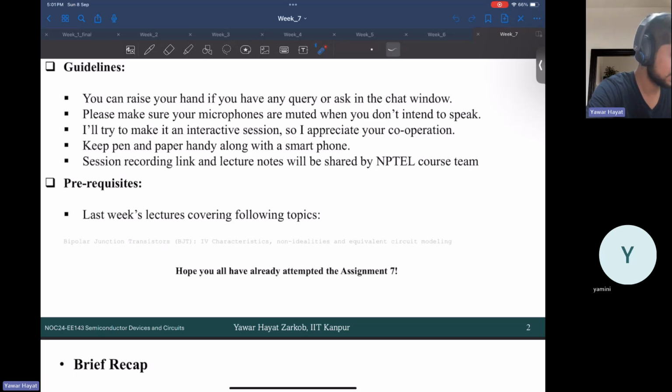The prerequisites include the last week's lectures, which covered the following topics. The bipolar junction transistors were introduced, and their IV characteristics, the non-idealities, and the equivalent circuit modeling were discussed. Before watching this session, either live or recorded, I'm assuming that you have already attempted assignment 7.